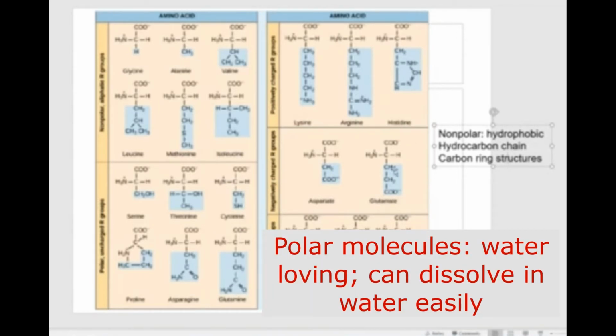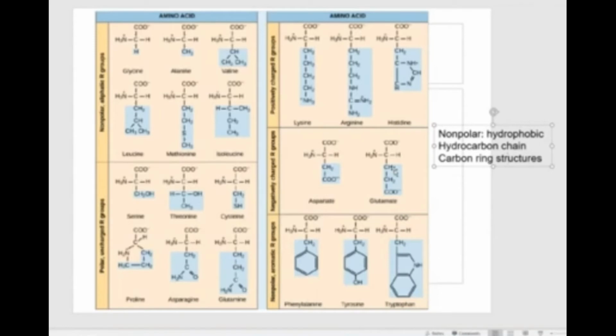So on the test, I'll give you a few examples of amino acids, and then I will ask you for their characteristics, right? So if I give you something like this, I'm going to ask you, is this a polar or nonpolar amino acid? So your answer will be nonpolar, okay? Or if I give you an example like this, and I ask you whether it's polar or nonpolar, the answer is polar, right?